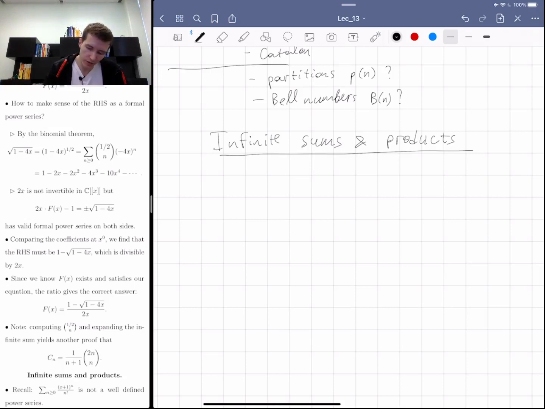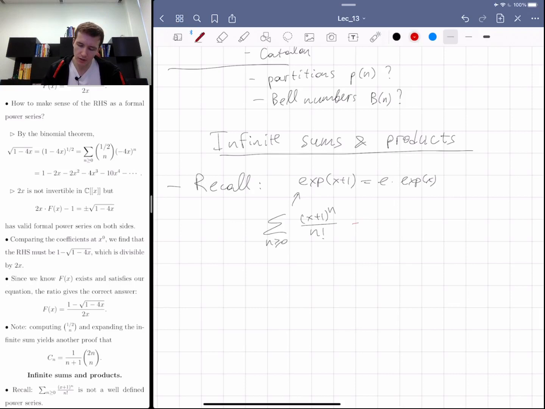And remember, previously we had an example like exponential of x plus 1 is equal to e times the exponential of x. On the left-hand side, if you just write down the Taylor series, you get the sum over n greater than or equal to 0 of (x plus 1) to the n over n factorial. And what I said was that this is not a well-defined formal power series, which is still true.